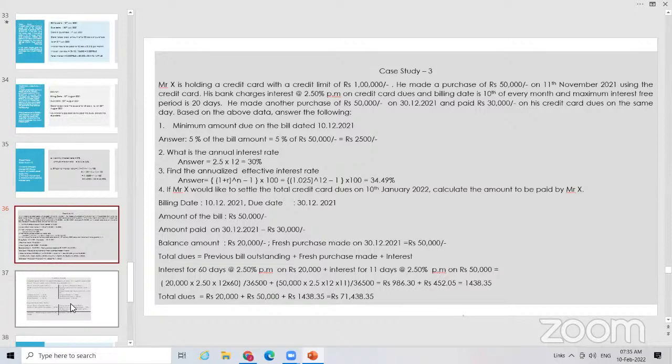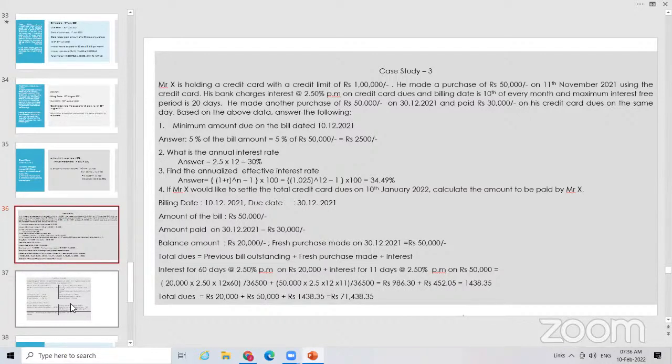Now you have to calculate the interest. Here, for the previous purchase, you have to calculate the interest for 60 days. And for the current month purchase, you have to calculate the interest for 11 days, because he is not eligible for the interest-free period. The only reason is that he had defaulted the previous bill amount. He has not paid it in full.